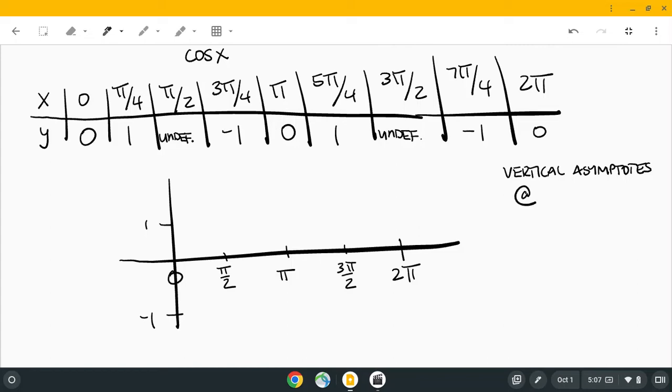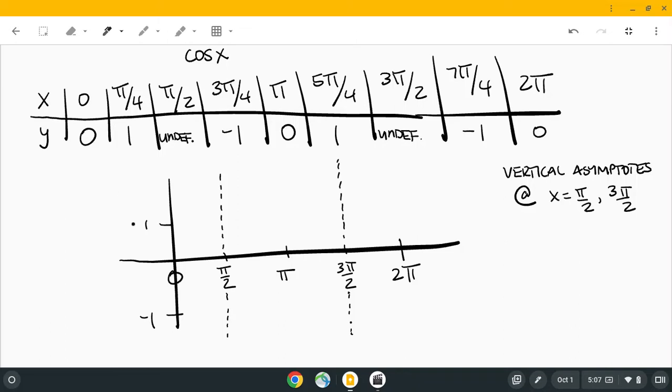And you have them where it's undefined. So at x equals pi over 2 and 3 pi over 2. Okay, so here I have a vertical asymptote here, and I have a vertical asymptote here. Okay. All right. That takes care of those.